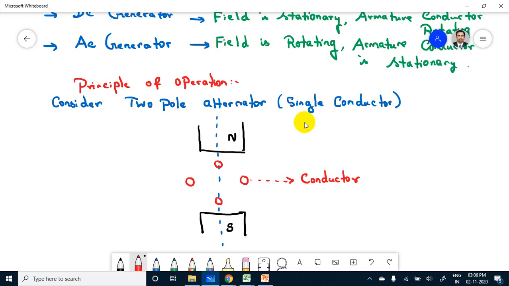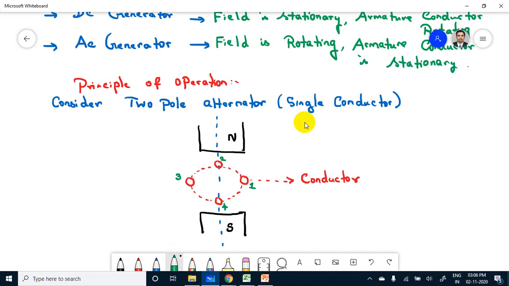These conductors are projected as circles, and the labels of these conductors are 1, 2, 3, 4.